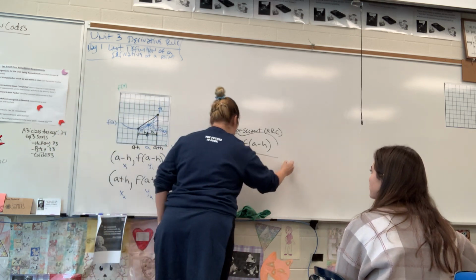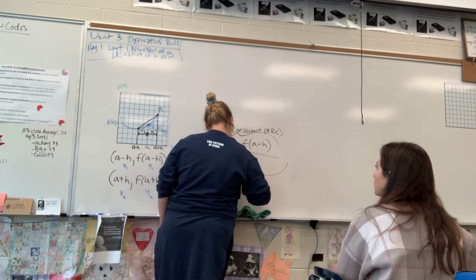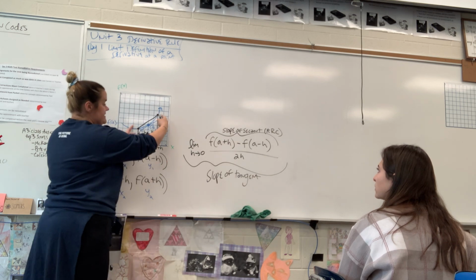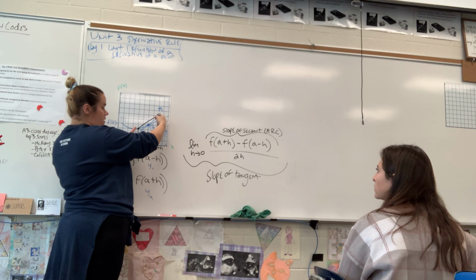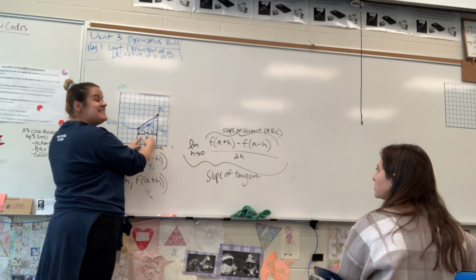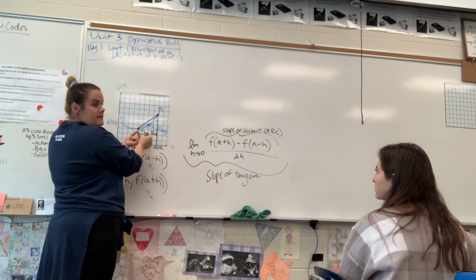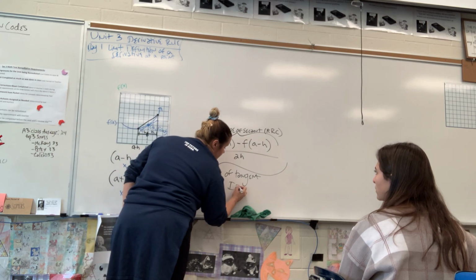This is now my slope of tangent. Wait, why does it go to 0? Because that's the distance between the secants and here. So if I want these to get infinitely closer to a, I need that distance to get infinitely tiny. Right? Or my IRC.